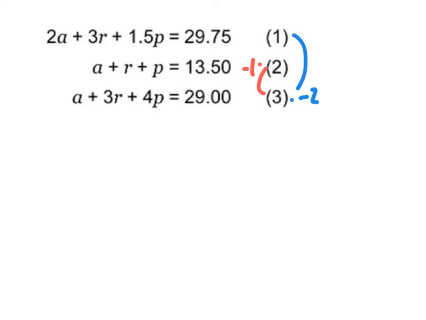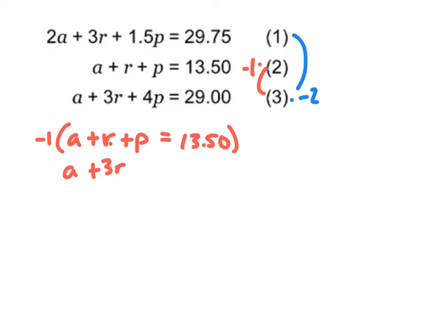Okay? So let's take a look. Let's do the red one first. I'm going to take negative 1 times A plus R plus P, and that's going to give me 13.50. And I'm going to add that to A plus 3R plus 4P is equal to $29.